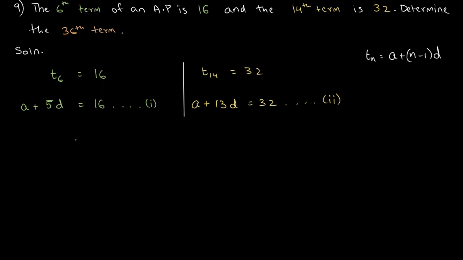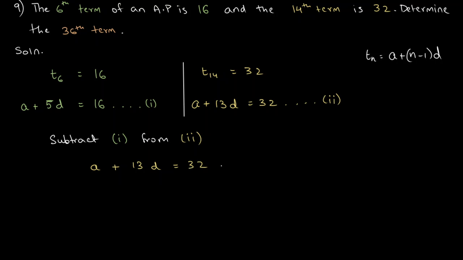To do that, let us subtract equation number 1 from equation number 2. So what we get here is A plus 13D is equal to 32.